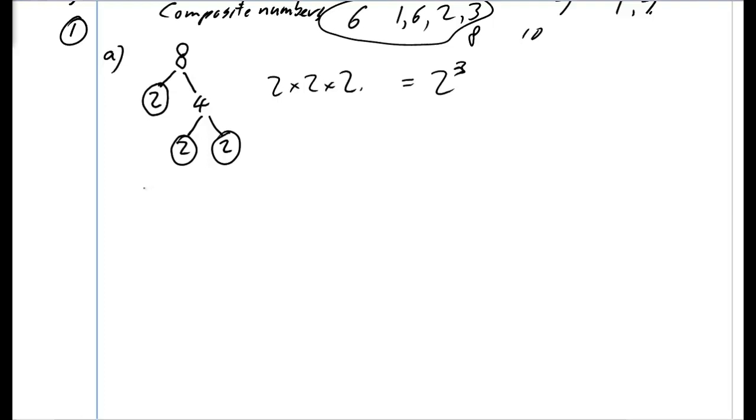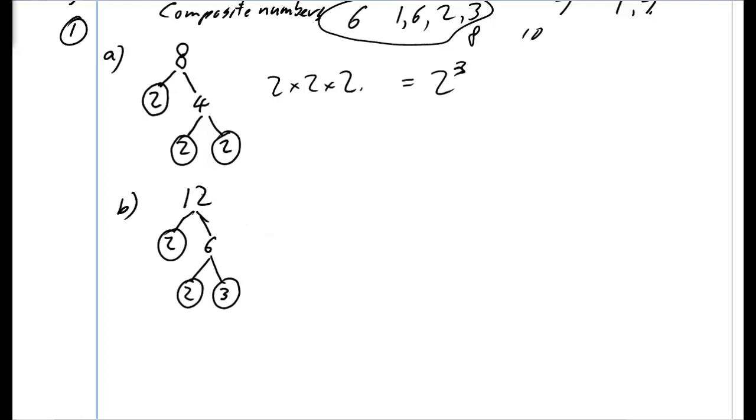Let's have a look at B for number 1. If you've got the number 12, let's find out the prime factors of it. So 12 is the same as 2 times 6. Now 2 is a prime number, so you circle it. 6 is 2 times 3. Now that's a prime number, that's a prime number.